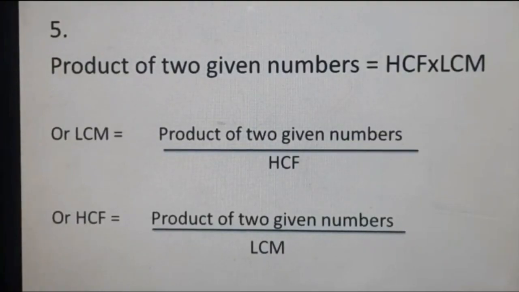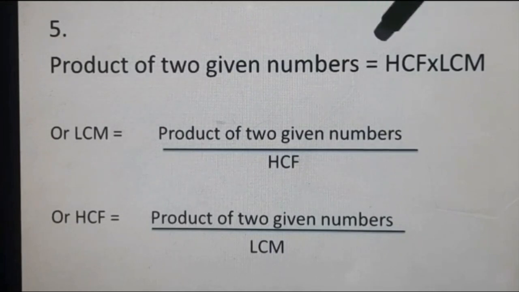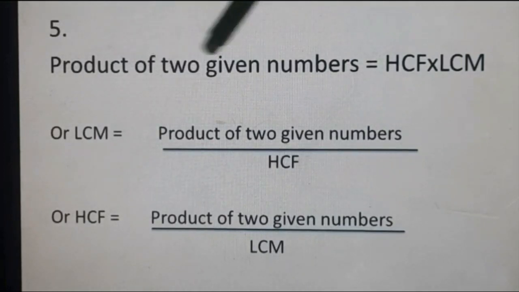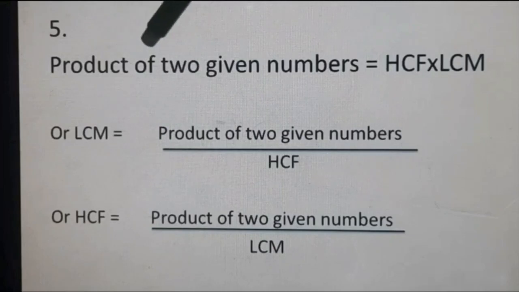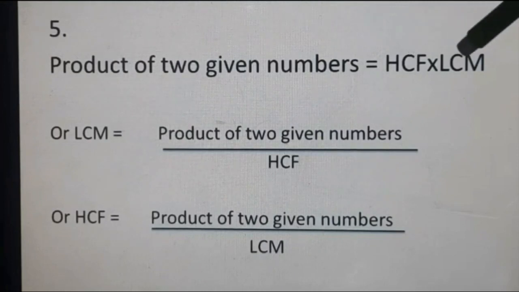Now our next property is product of two given numbers is equal to HCF multiply LCM. Product of two given numbers, we can also write down first number multiply second number, is equal to their HCF multiply LCM. Right?